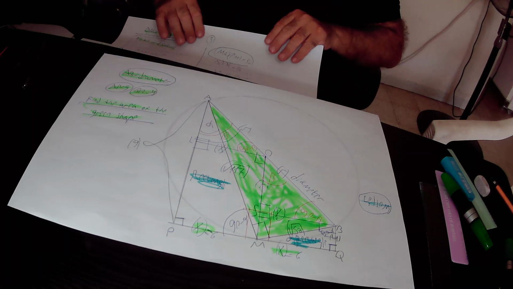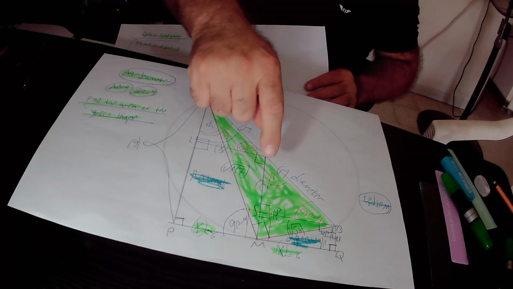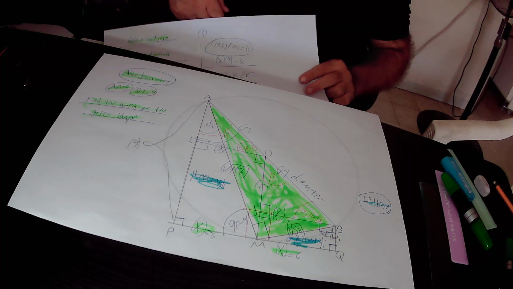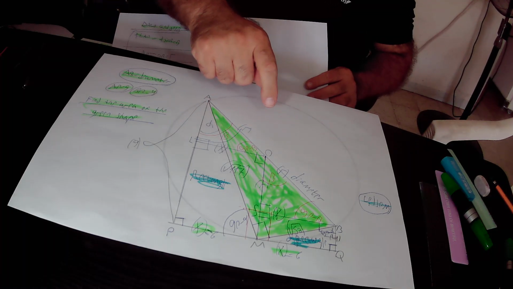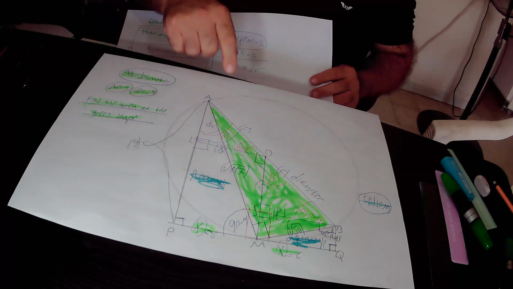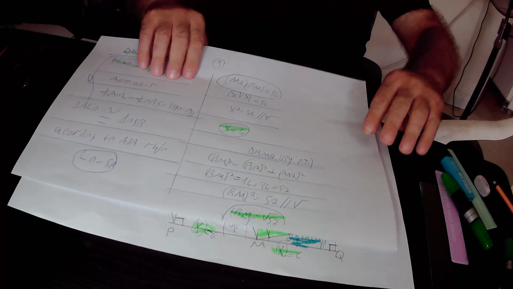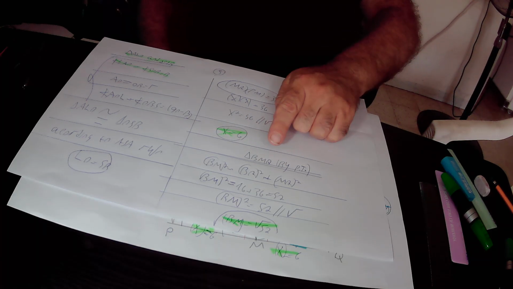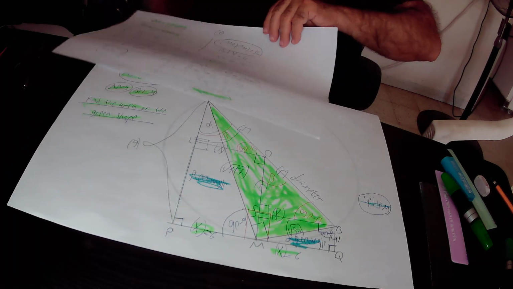The next step, we created the Pythagoras theorem on this small right triangle BMQ. According to the Pythagoras theorem, in any right triangle the square of the hypotenuse equals the sum of the squares of the perpendiculars. So in the small right triangle BMQ, BM squared, the square of the hypotenuse, equals BQ squared plus MQ squared. BM is the missing side.